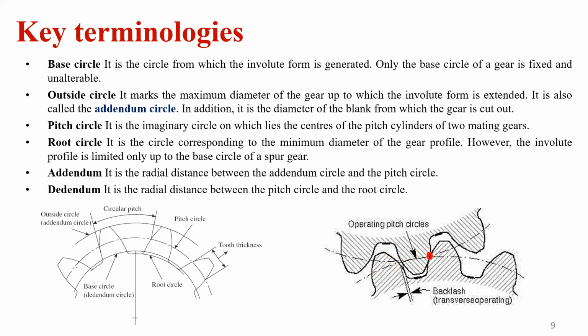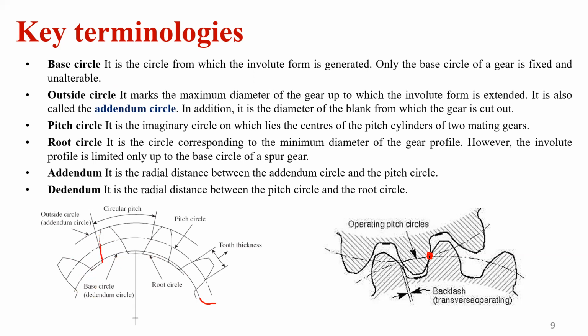This is a gear, a portion of the gear. This is the gear tooth. Here we have a base circle. It is the circle from which the involute form is generated.